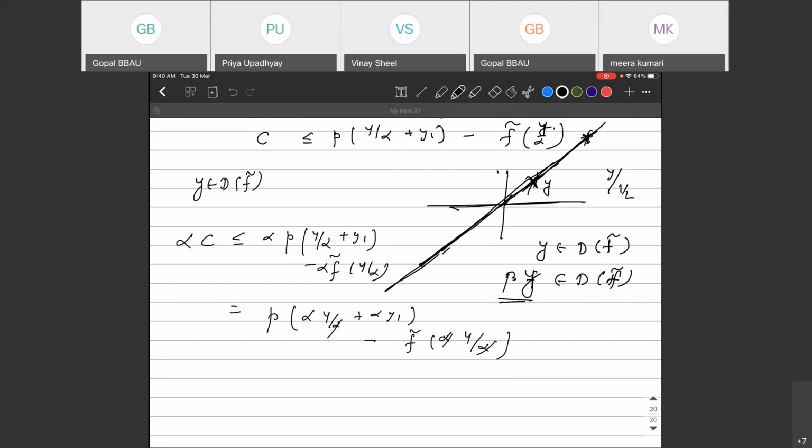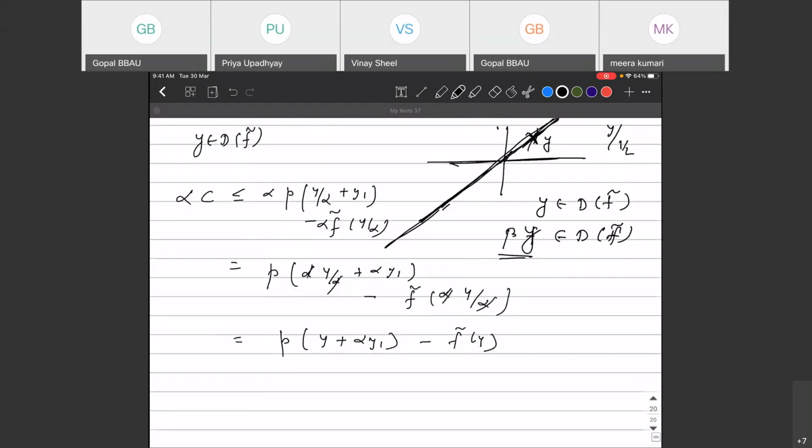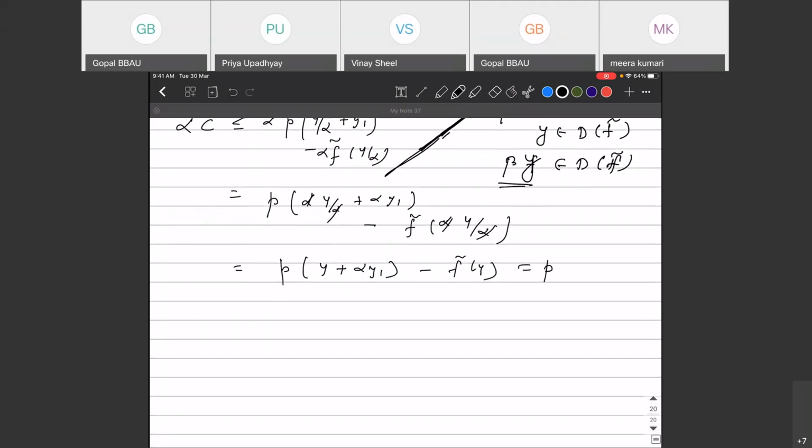This will get cancelled, this will get cancelled. So this is p y plus alpha y1. You know p plus y plus alpha y1, this is x. So this is nothing but px minus f tilde y.